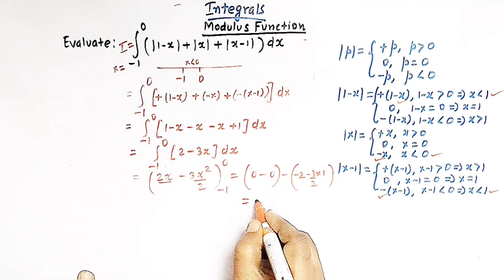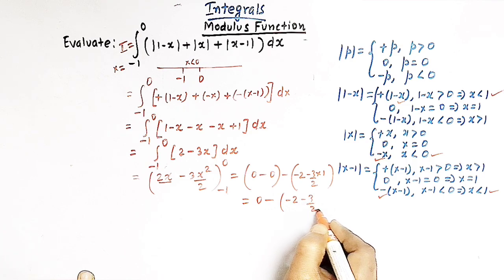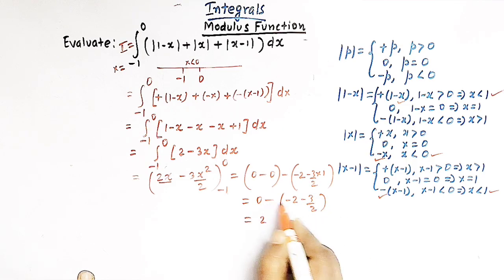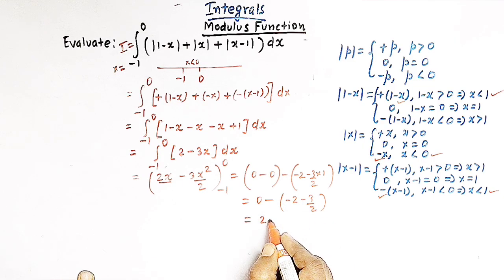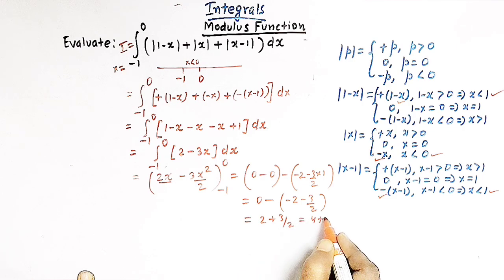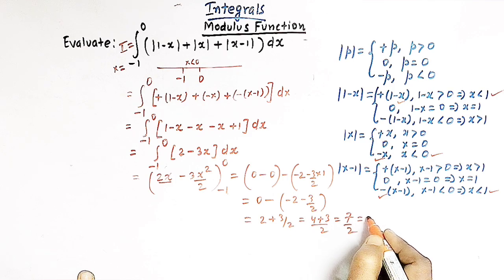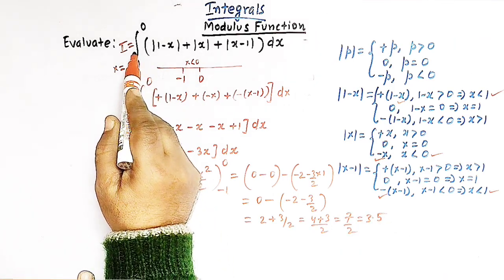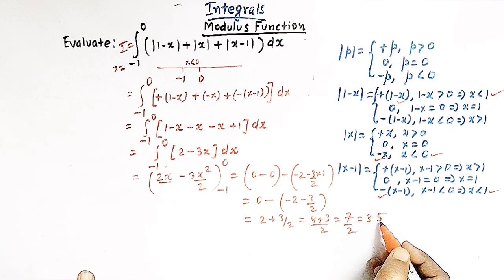So this is 0 minus, and this is minus 2 minus 3 over 2. Multiplying these two numbers by the negative sign, this is plus 2, and here we have a plus 3 over 2. So this is 4 plus 3 over 2, that is 7 over 2, that is 3.5. So the value of this integral is equal to 7 over 2 or 3.5.